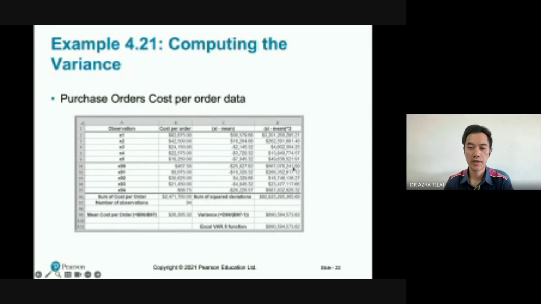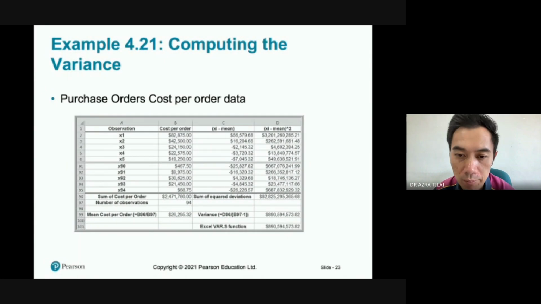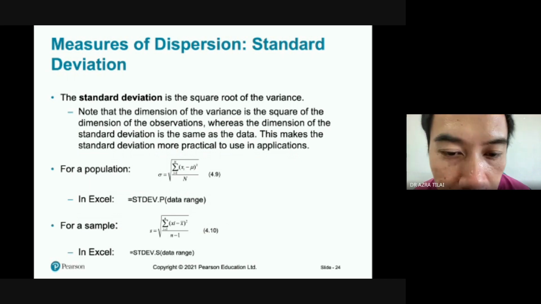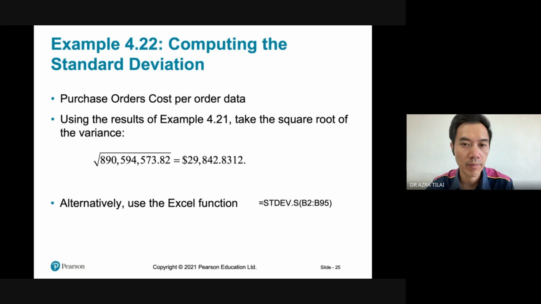So just now was the examples of actually using the function tab and also manually doing it in Excel in order to find the variance. And now we have standard deviation. So it's basically almost the same thing, right? The value was 890, so you just square root it and then you can find the standard deviation.